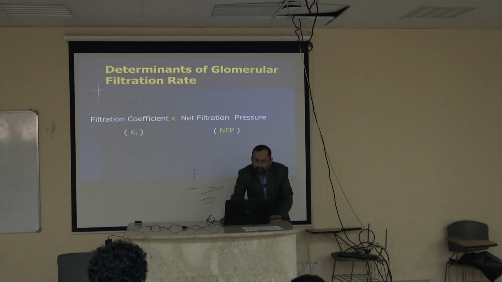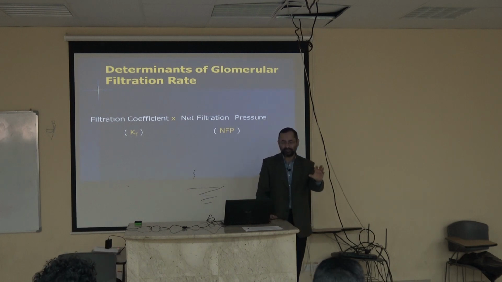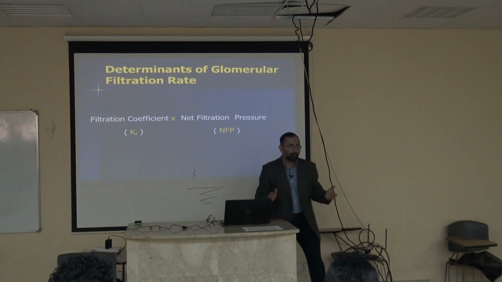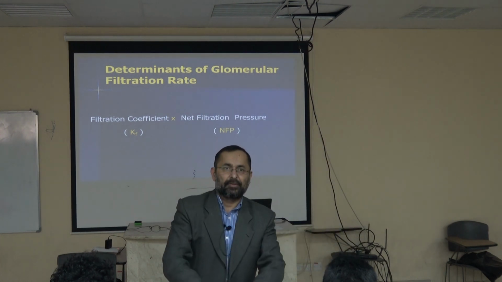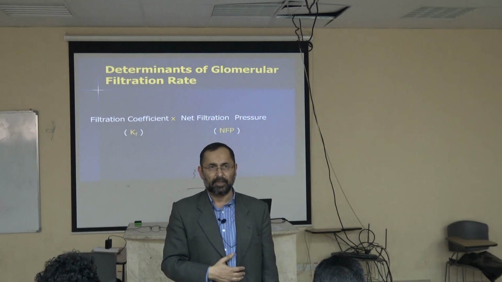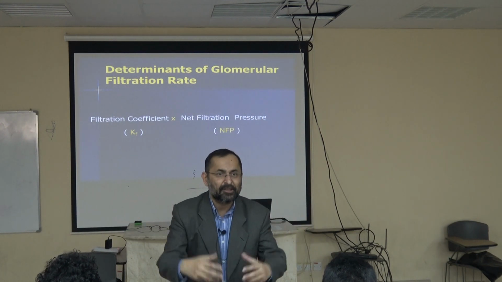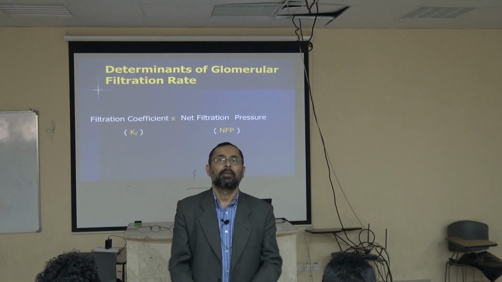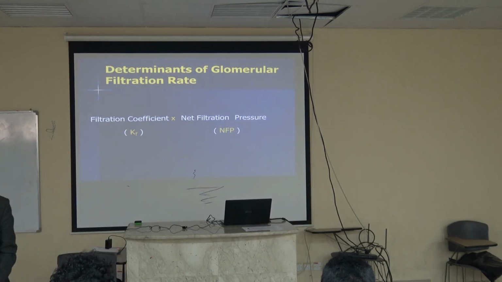Now a few special things, very interesting, but be careful. The GFR, glomerular filtration rate, which is 125 ml per minute, is mainly determined by two special factors, or two determinants.